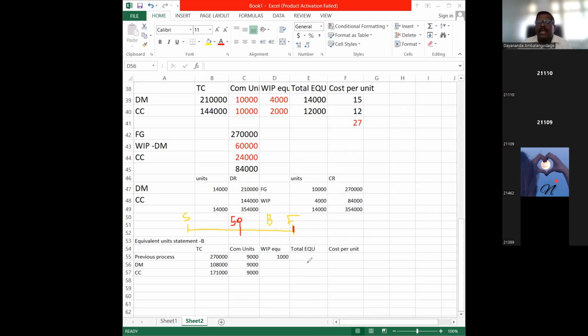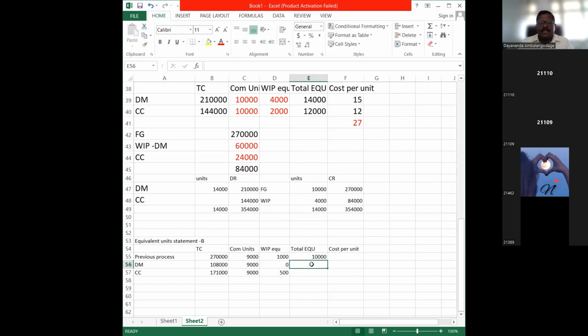Since material is not being added, the direct material resource consumption is 0. That's what I want to communicate. Here it's 0, but conversion cost wise it is 50%, so 500. The total of both is 1,000.